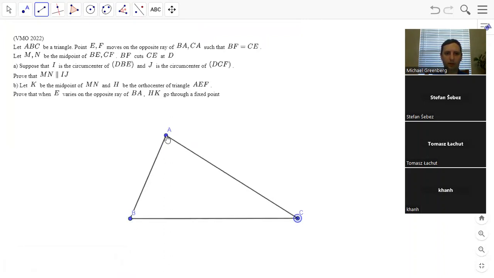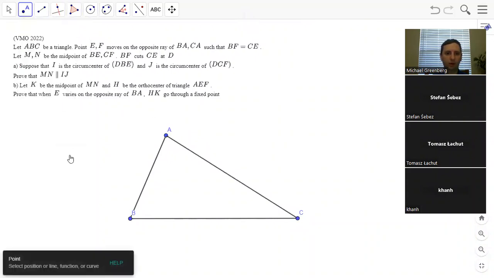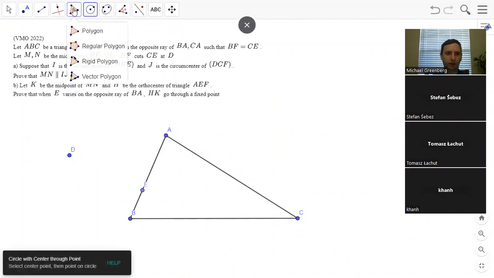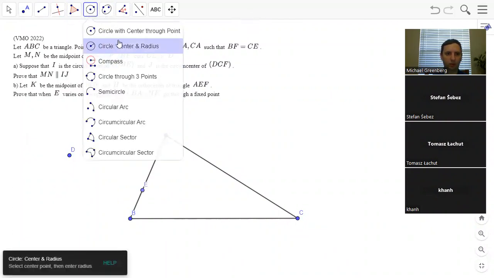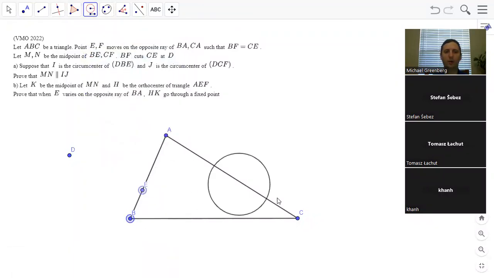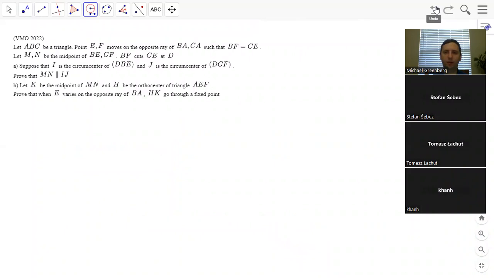So E and F are on BA and CA, so that BF equals CE. So that's kind of a somewhat familiar configuration. So we've done this in a previous session. Oh really? We already did this? Yeah. Okay. Was there a more recent Vietnamese contest?